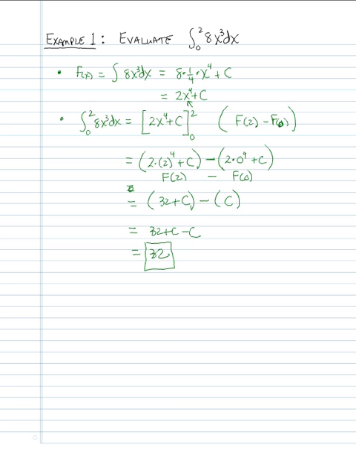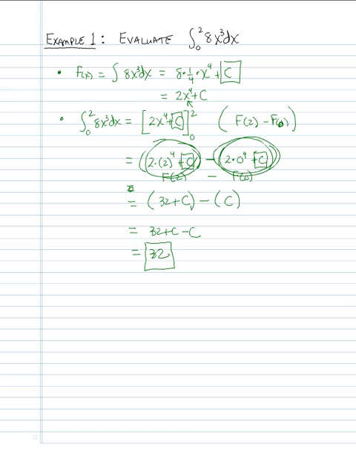Now, I want to point something out because I'm going to change the way I do this a little bit in the future. Notice this C, let's kind of follow this C along. Here's that C, and that C appeared in this part, and it also appeared here. Anytime we have an indefinite integral, we'll have this C, won't we? And when we have this C, it will appear in the first part because it's part of the indefinite integral. So it'll apply in the first part that we have here, and we're subtracting, and it'll appear in the second part that we have there.